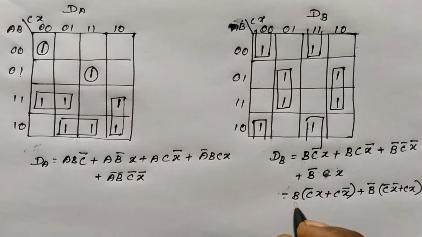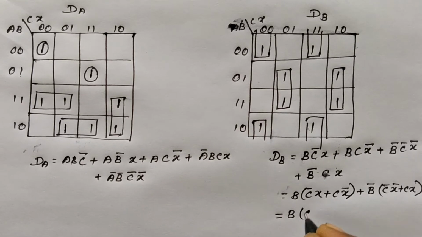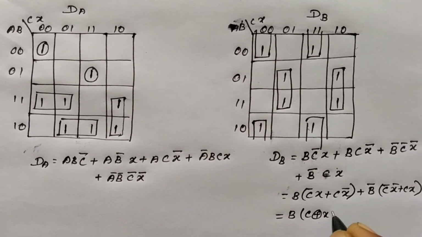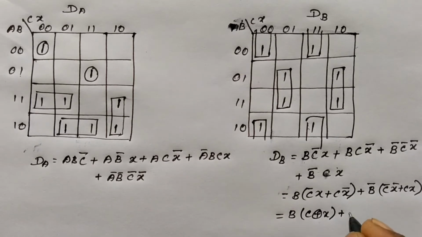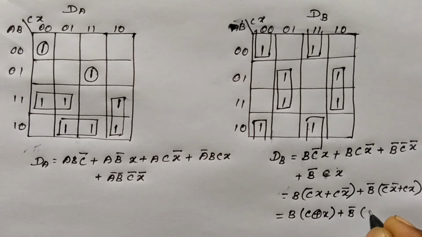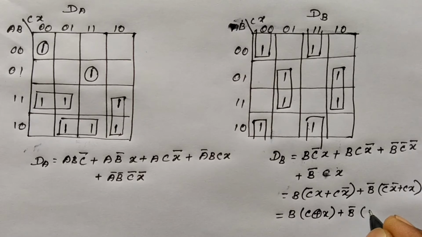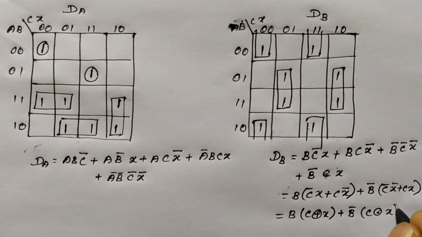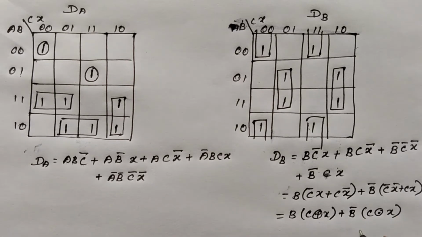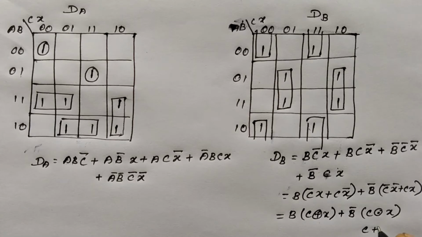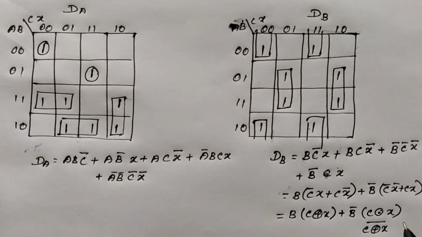Therefore here the answer is B into C XOR X plus B bar into, here it's equivalent to C XNOR X. Okay, therefore here again we can write it as C XOR X the whole bar.